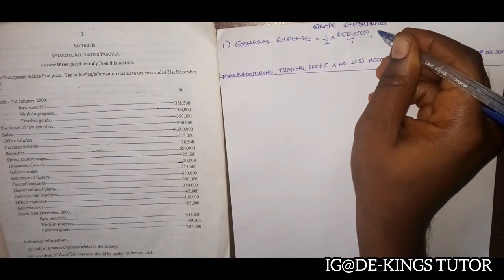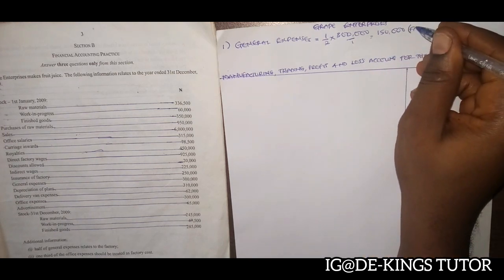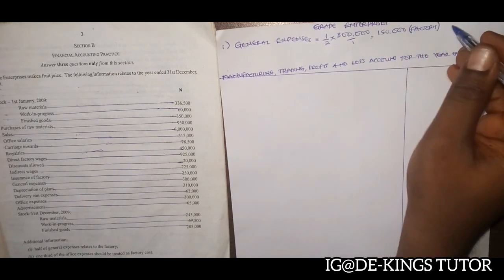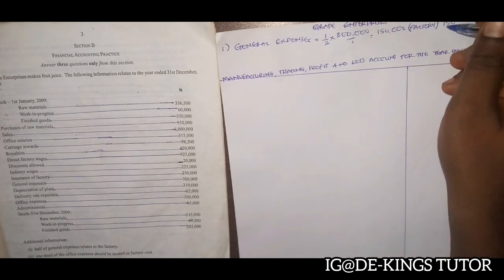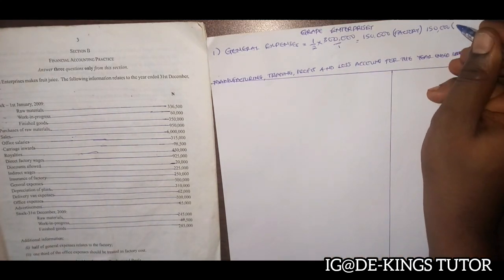So this will give us 150,000. So they said 150,000 is for factory. So it means the remaining 150,000 is for office.